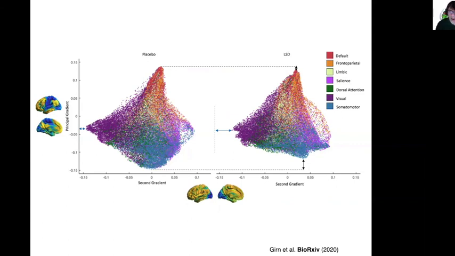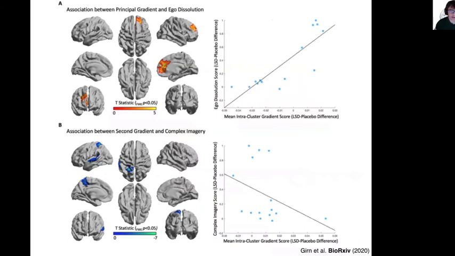If you do a simple comparison between LSD and placebo, you will see that as you take LSD, you increase the magnitude of the principal gradient, gradient number one, in your medial limbic system, which is all about introspection, memory, representation, mind wandering, and you decrease your second gradient, which is the link between your visual areas and the rest of your brain.